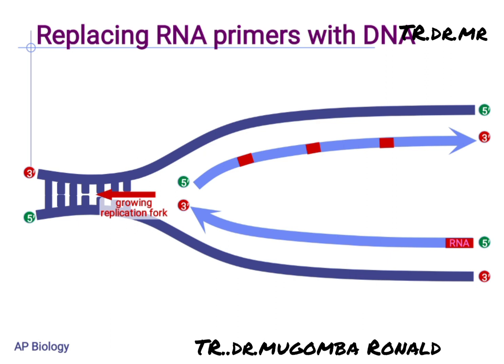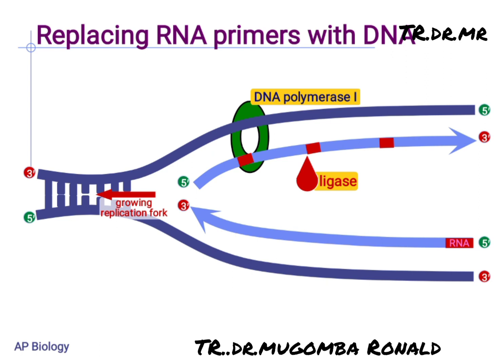After all is done, ligase comes in and welds these Okazaki fragments together by getting rid of the primase primers, the RNA primers. So they are removed by an enzyme known as DNA polymerase 1, and then ligase comes and welds the Okazaki fragments together. So polymerase 1 comes and slices out the primers.